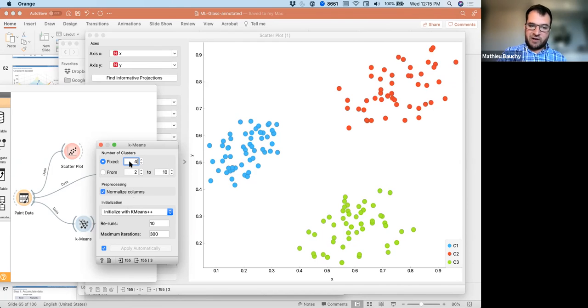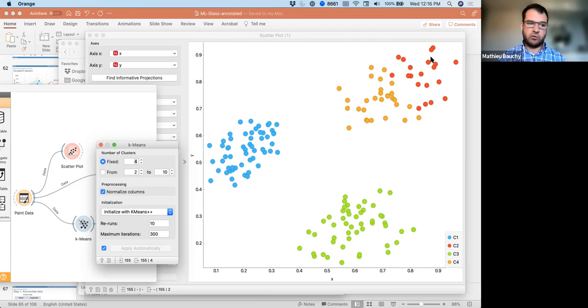If I say I want to find 4 clusters, let's see what it finds. Here, it finds this as cluster 1, this as cluster 2, and then it divides this cluster into 2 subclusters, this orange cluster and this red cluster. Again, this is just because you said you wanted 4 clusters, so it found 4 clusters.